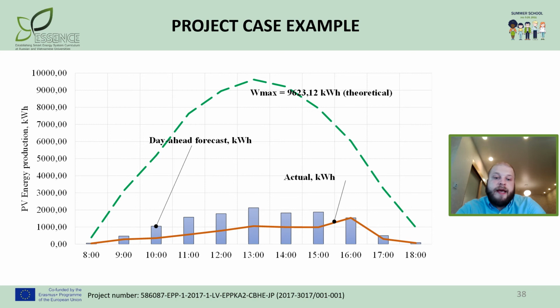So we have the daytime starting from 8 o'clock and finishing at 18 o'clock, so it's about 10 hours. In the brown line, you see the actual value, and in the blue plot, you see the day ahead forecast provided by the regression algorithm. So now let's try to analyze what kind of quality metrics could be applied to the regression model assessment.